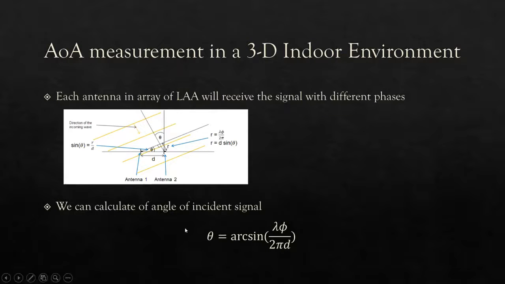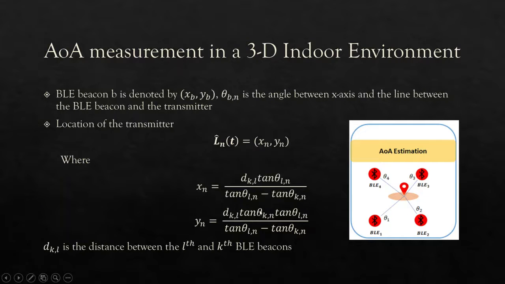As you can see from the figure here, antenna 1 and 2 will receive the same signal with different phase. And we can calculate the angle of the incident signal from this formula. By using 4 LAAs here, we can get the location, which is the x and y coordinate of the object, from this formula.